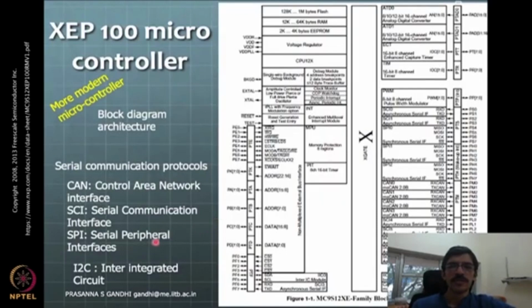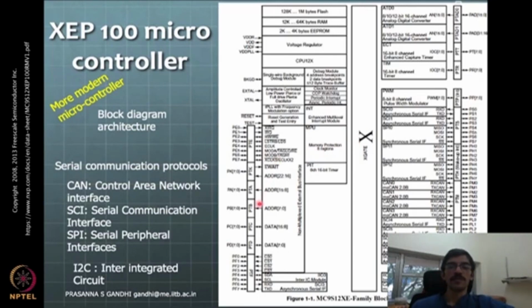So this is a block diagram or architecture of this XCP100 microcontroller, and here there are memory blocks: a flash memory, RAM, EEPROM. A lot of different kinds of memories are shown. Then there is a voltage regulator, and there are some pin outs and pin ins. One can read through the datasheet clearly to understand more.